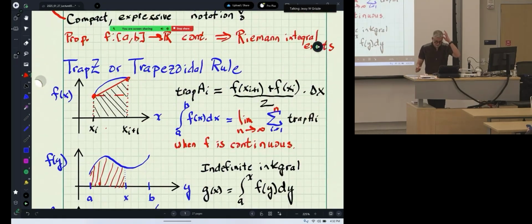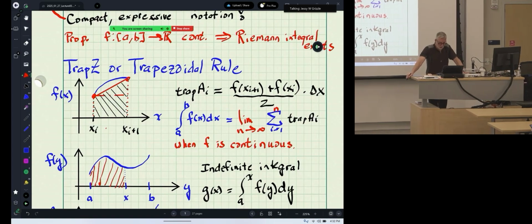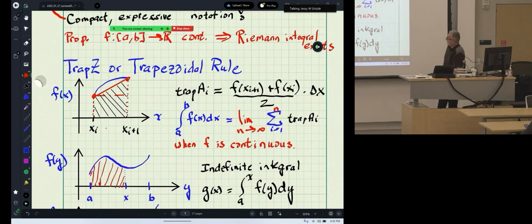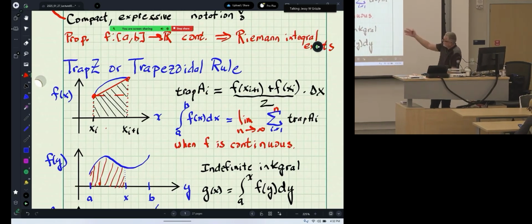Great. One of the things we noticed is that rectangles aren't the most efficient way to try to estimate the area. So we started using the trapezoidal rule, or simply trap-z for short. As long as we know how to calculate the area of a rectangle and then the area of a triangle, you sum those together, that forms a trapezoid.